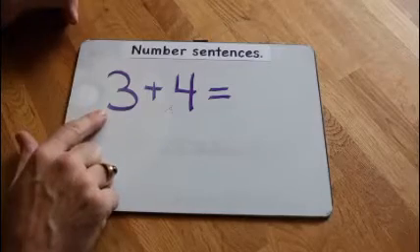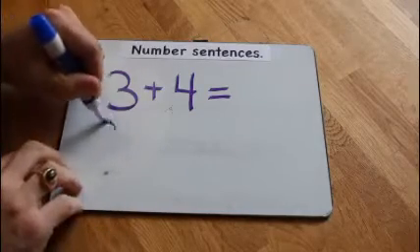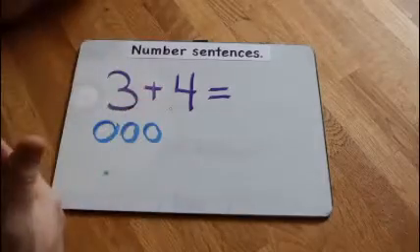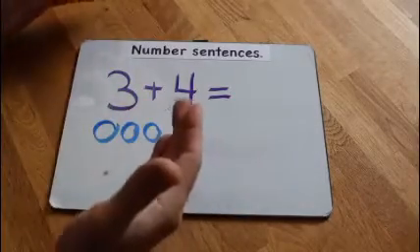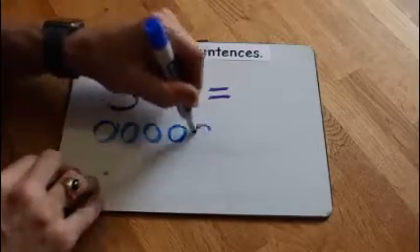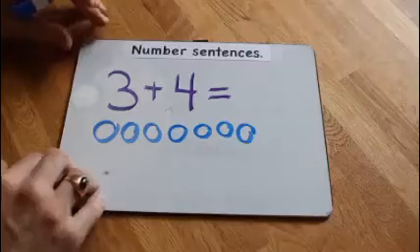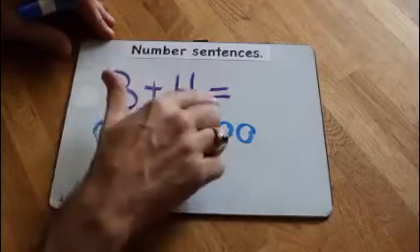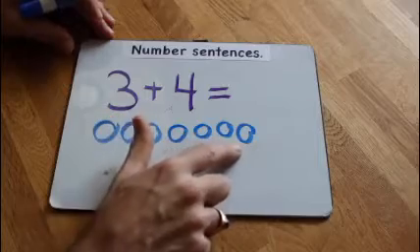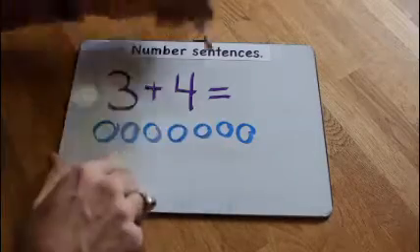Okay, so we're going to start with 3 pictures. 1, 2, 3. Plus, are we going to be taking something away, or are we going to be adding more? When we have our plus, we're going to add more. So we're going to add 4 more. 1, 2, 3, 4. Then we find out how many altogether so we can get that equals. 1, 2, 3, 4, 5, 6, 7. 3 plus 4 equals 7.